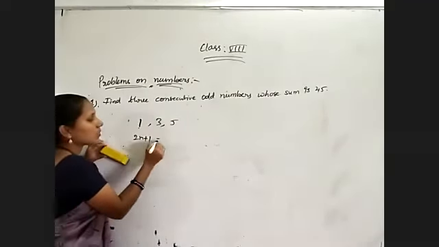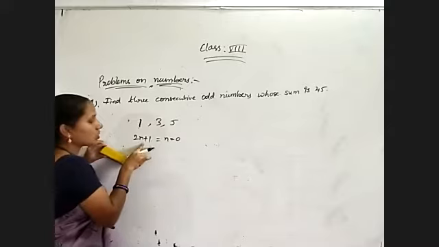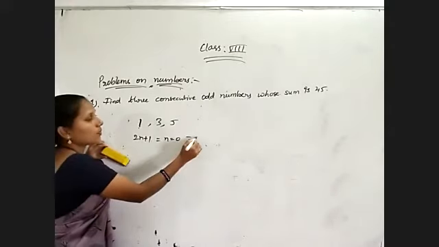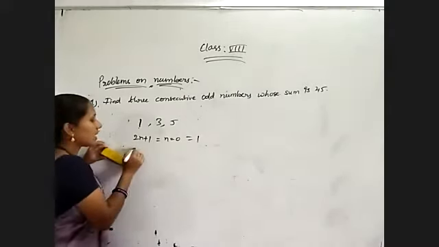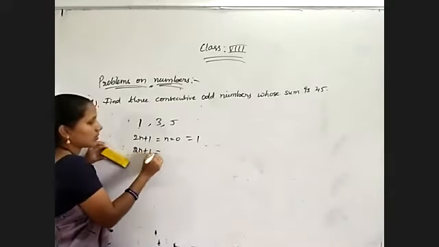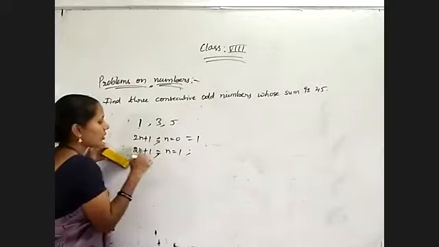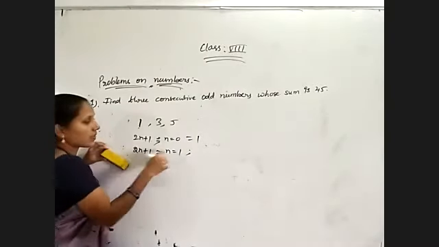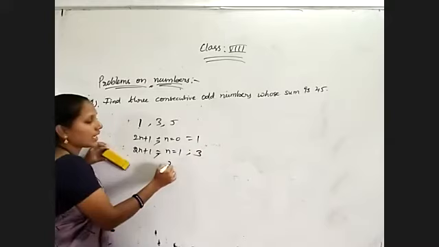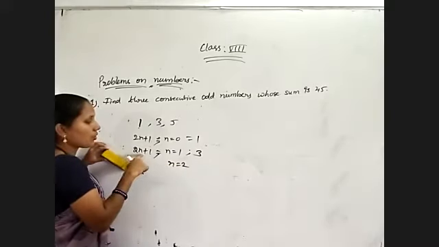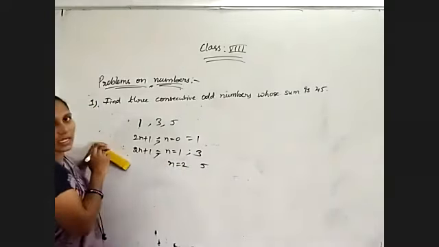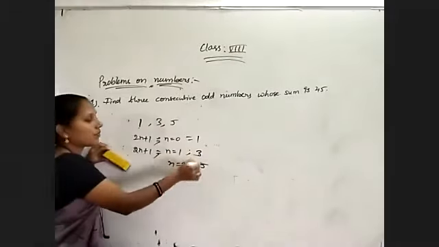If n is equal to 0, then 2 into 0 is 0, 0 plus 1 is equal to 1. When n is equal to 1, 2 ones are 2, 2 plus 1 is equal to 3. When n is equal to 2, 2 twos are 4, 4 plus 1 is equal to 5. I will get 1, 3, 5.